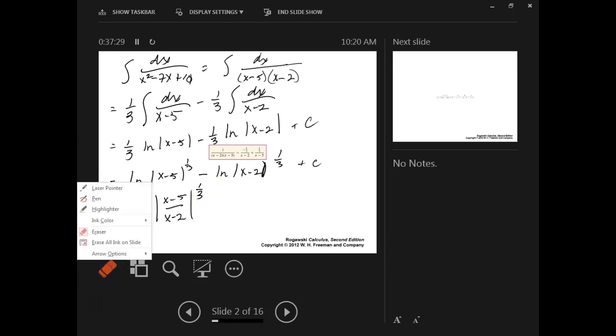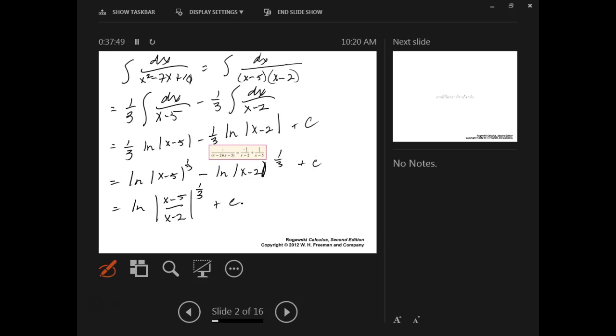All right, plus c. So there's a bunch of different answers you could write, okay? And they're all correct, all perfectly fine. And actually what you could have done was made this a log c. That would have been the right answer, right?